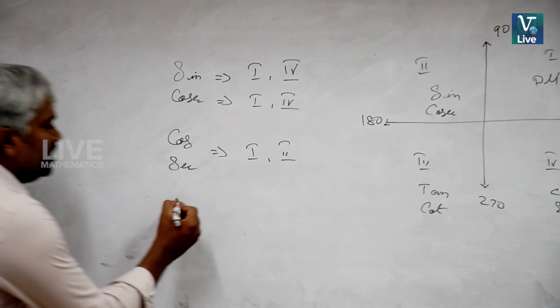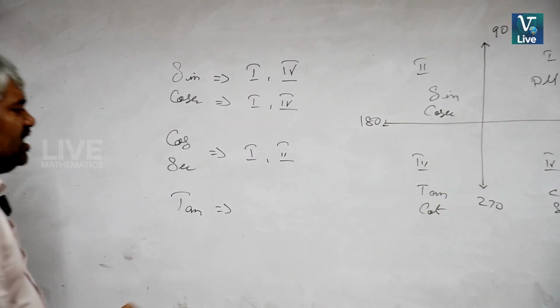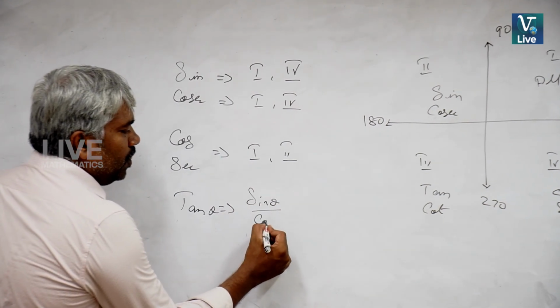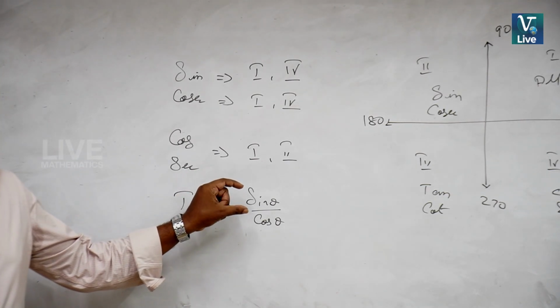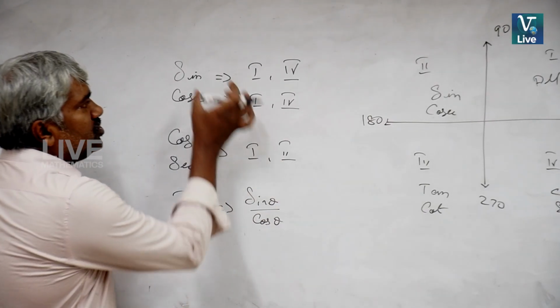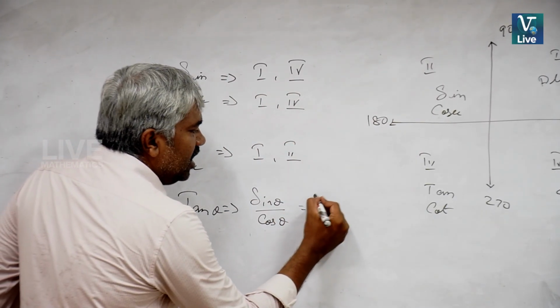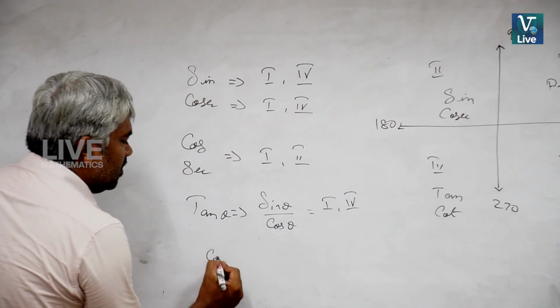Next, tan theta. Tan theta is nothing but sine theta by cos theta. The ratio in the numerator is dominant over here, so the dominant one is sine theta. Sine theta comes under the first and fourth quadrant, so tan theta also comes in the first and fourth quadrant.